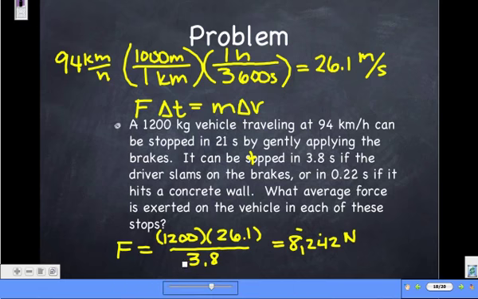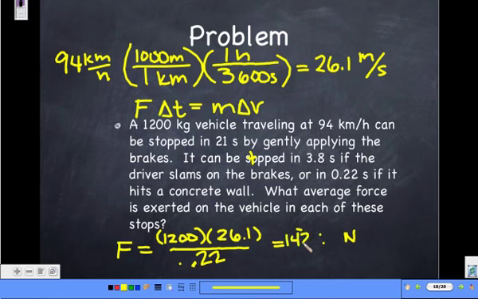Yeah, the next one, instead of 3.8, we have 0.22. And what do we get for this one? 363. There we go. That one is drastic.